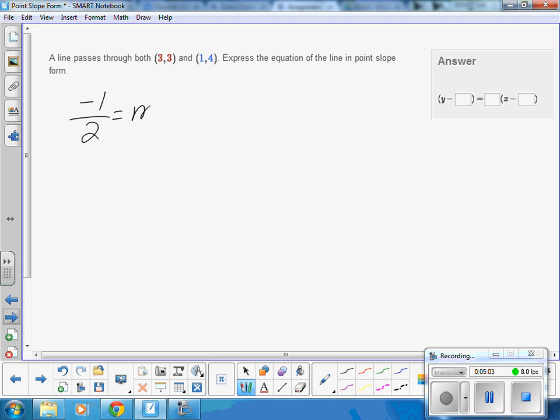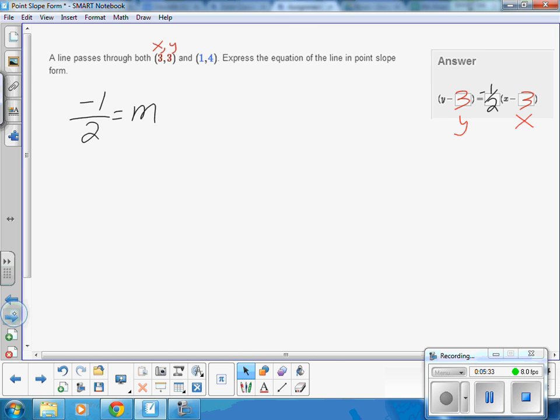So my slope, the m, is equal to a negative 1/2. And again, I'm going to just use my red point. My y is 3 and my x is 3. Remember, it is x comma y. And remember, this is the y value here and the x value there.